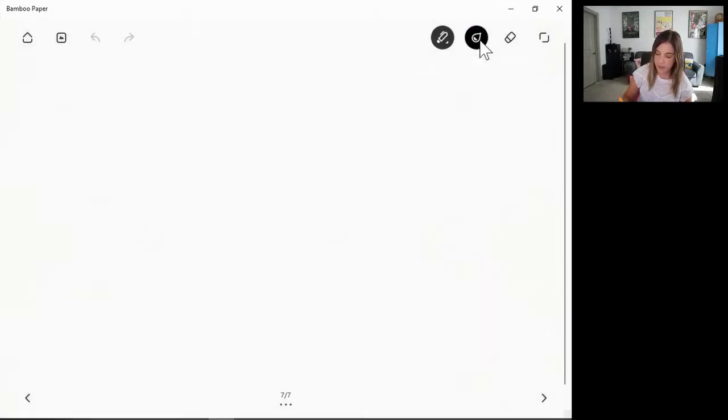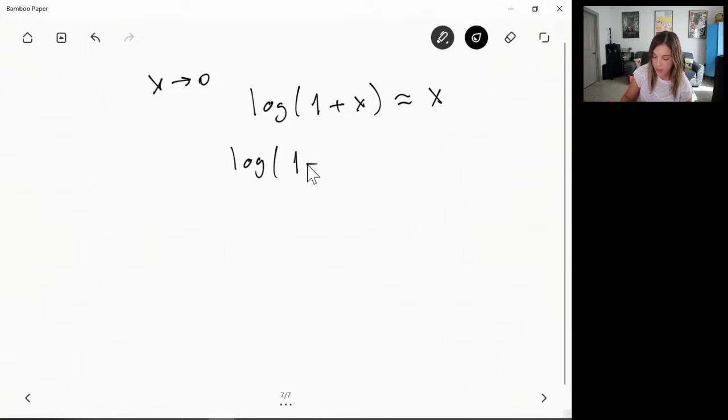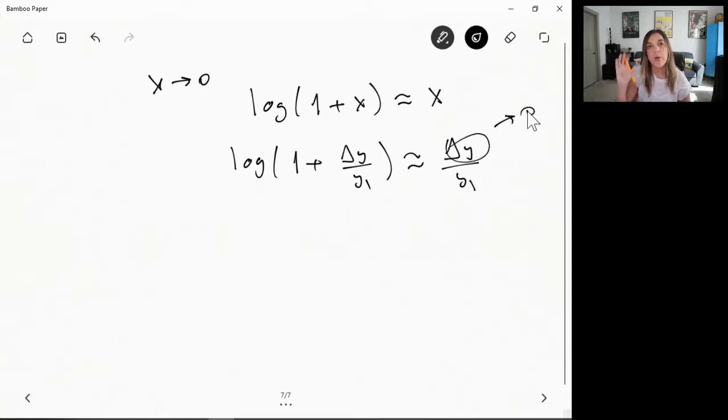When x is very small, trending towards 0, we can approximate the logarithm of 1 plus x by x. So from the last slide, we had the logarithm of 1 plus delta y over y1, and we can approximate it as delta y over y1 when this is trending towards 0 or very small.